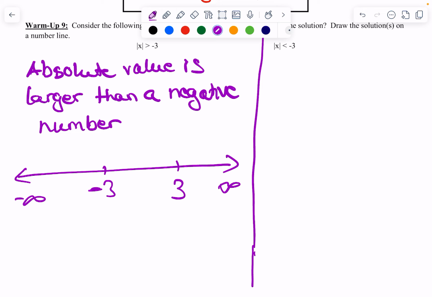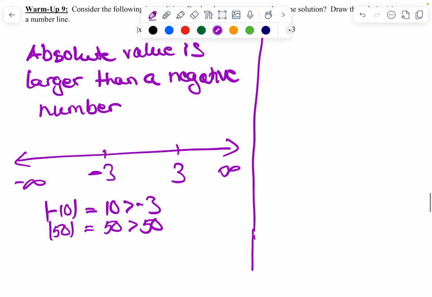If we start thinking about numbers, for example, negative 10. Absolute value of negative 10 is 10. Well, that is greater than negative 3, right? Same thing if we have an absolute value of 50, that's 50, that is greater than negative 3. So it doesn't matter how small we go, negative 252, the absolute value of that is 252.